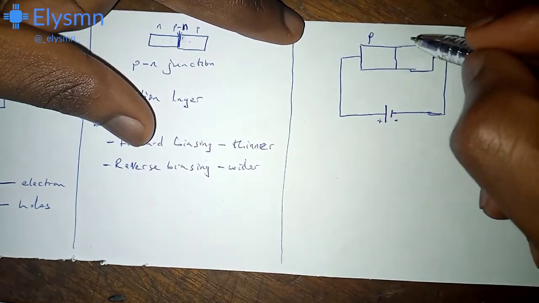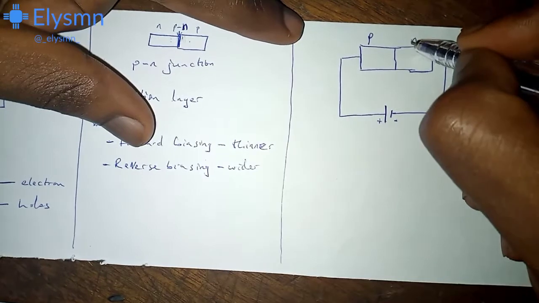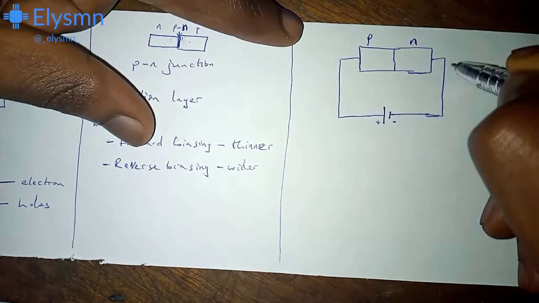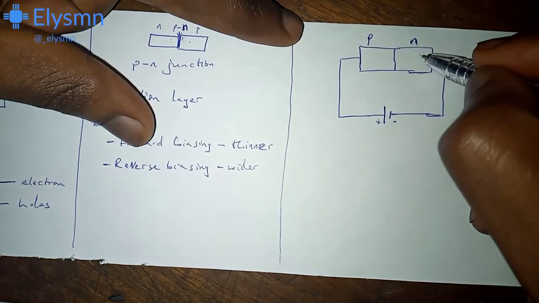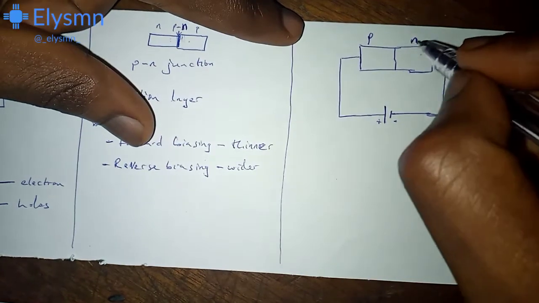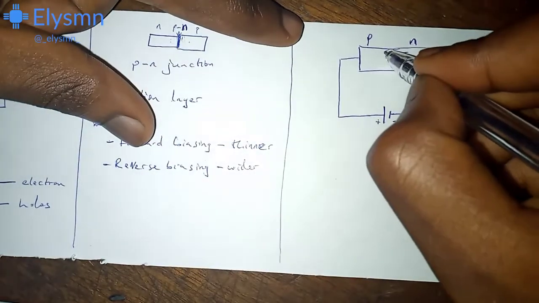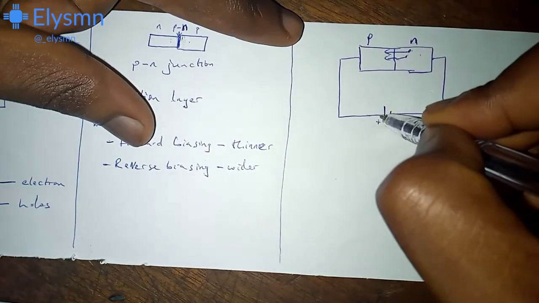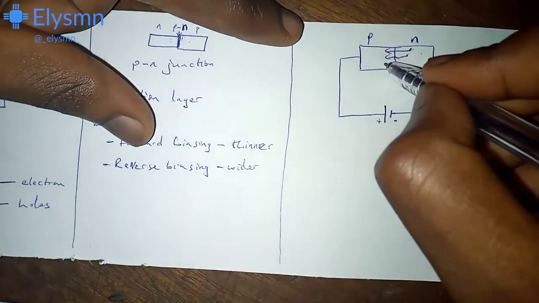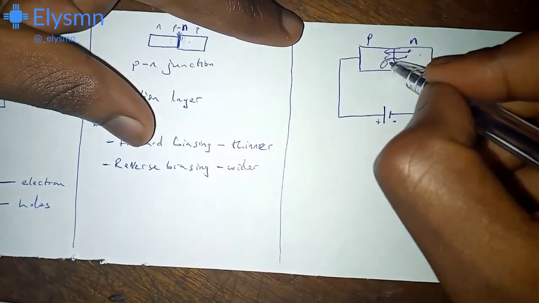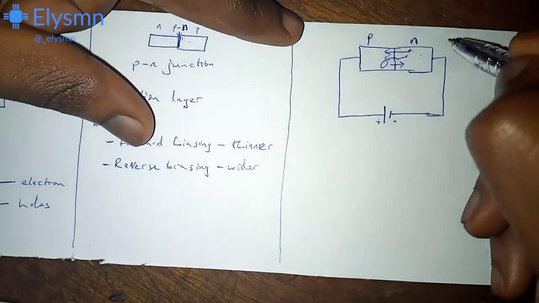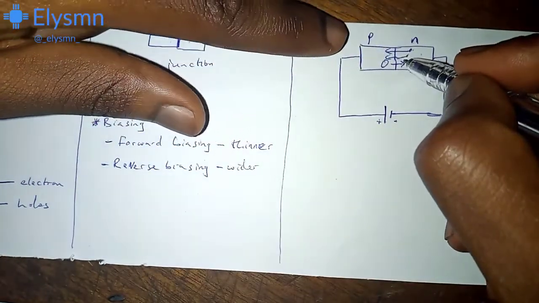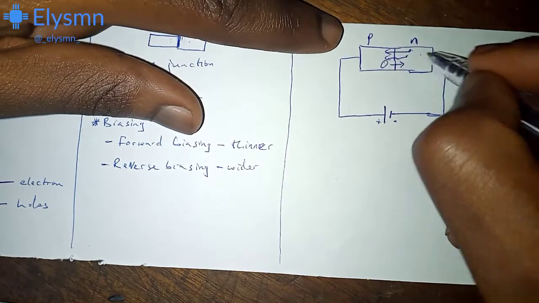When you connect it like this it is called forward biasing because this negative repels the electrons in the n-type semiconductor and moves them towards this direction. And this positive repels the holes in this p-type, and moves them towards the negative, causing the depletion layer to decrease and causing conduction to be possible here.